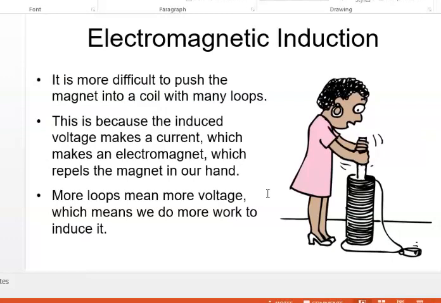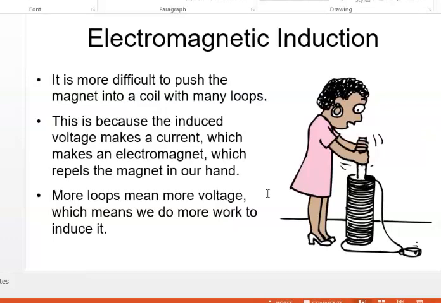As soon as you move the magnet inside the coil, current gets induced in the coil. Now current is there in the coil, so you know well that a current carrying coil or current carrying solenoid acts as an electromagnet. So this electromagnet will oppose the movement of the permanent magnet that you move into the coil because of repulsion, which repels the magnet in your hand.